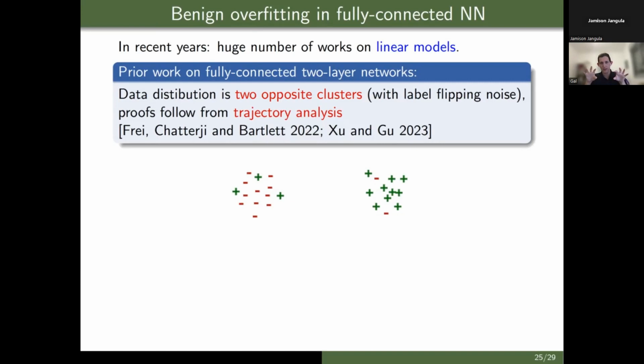And they showed that under certain assumptions on the size of the cluster means and the radius of the cluster, we have benign overfitting. And in order to show it, they analyzed the trajectory of gradient descent, starting from the random initialization until convergence. And they show that it converges to a network that exhibits benign overfitting.